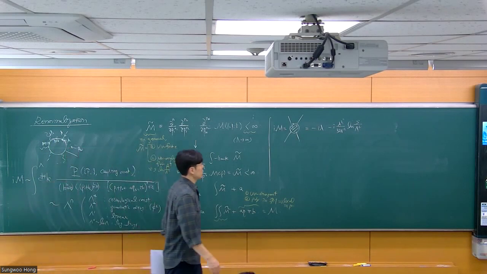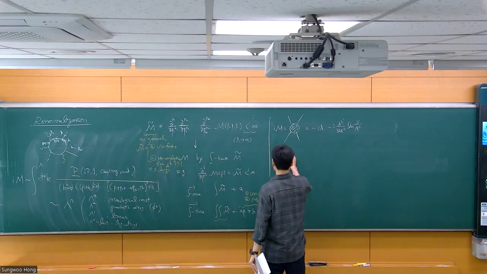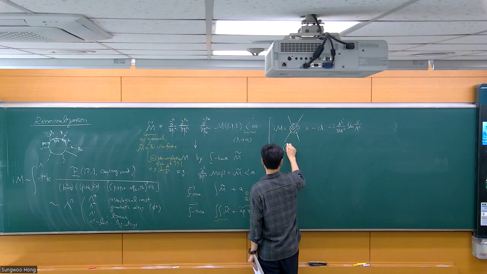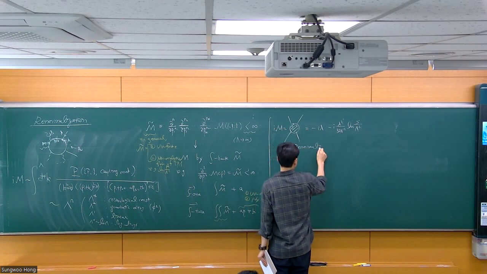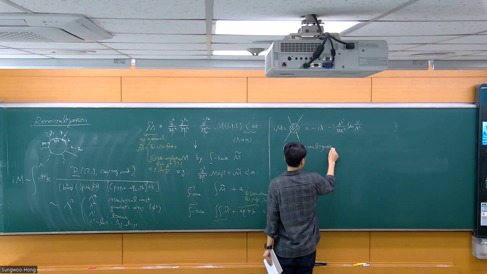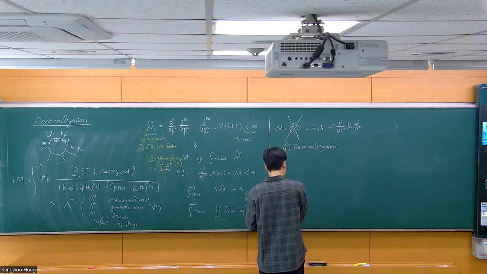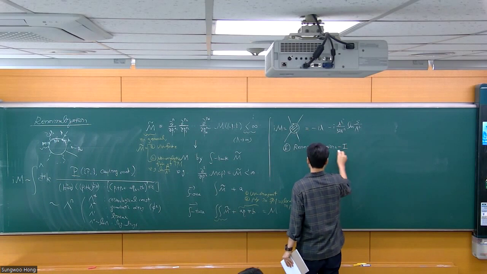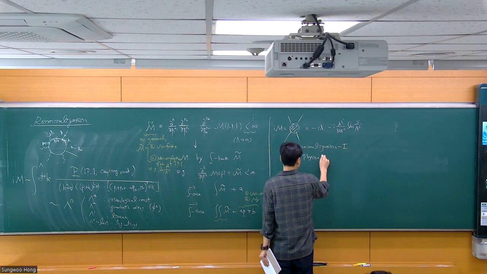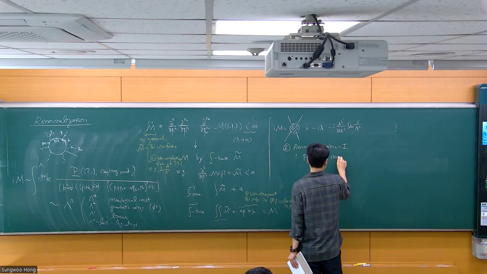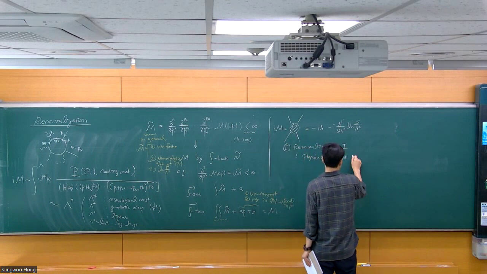So we're going to talk about this in two different ways. Number one, it's called either physical or pole shell correlation.